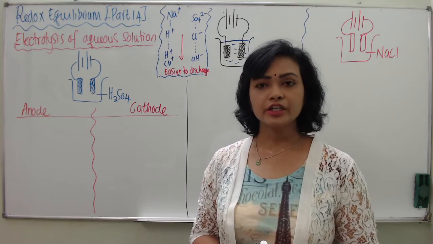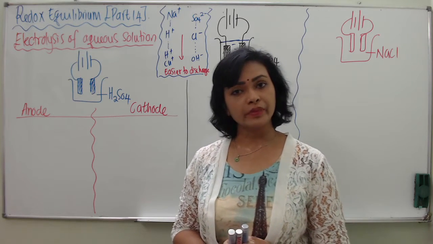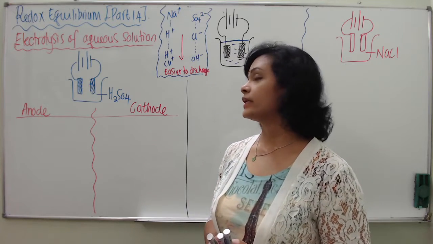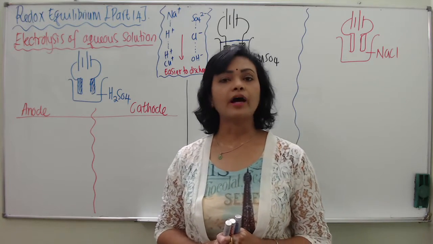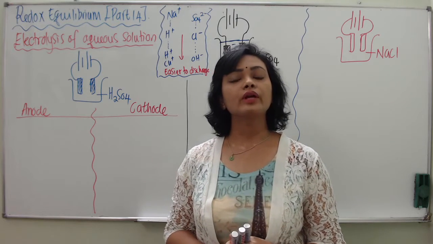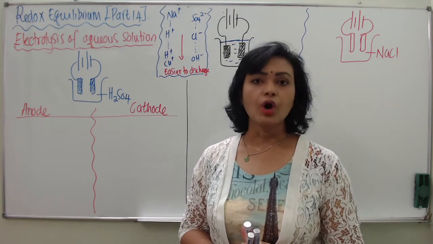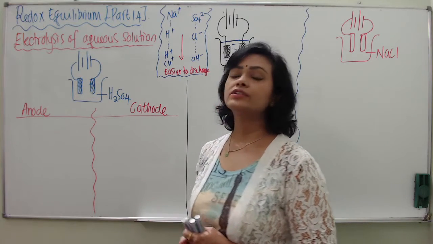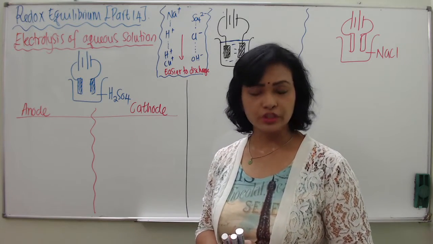Today we are here to continue on the chapter Redox Equilibrium, part 14. In this part 14, teacher will explain in depth on how to understand electrolysis of aqueous solution.